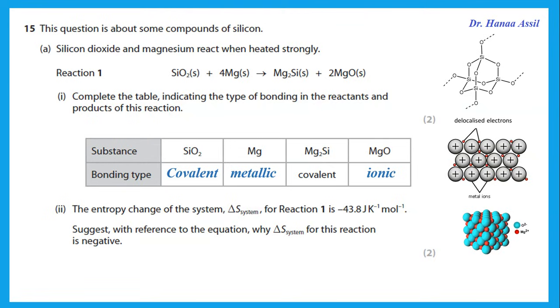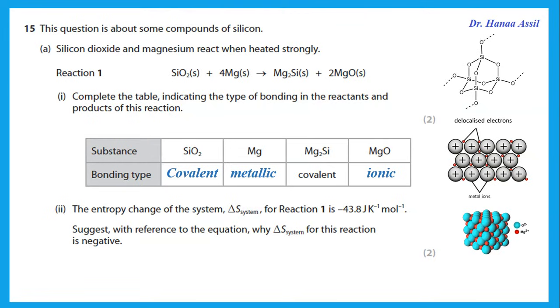The entropy change of the system for this reaction is this value. Suggest, with reference to the equation, why delta S for this system is negative. We would like delta S to be positive, but we are told that for this reaction it is negative.